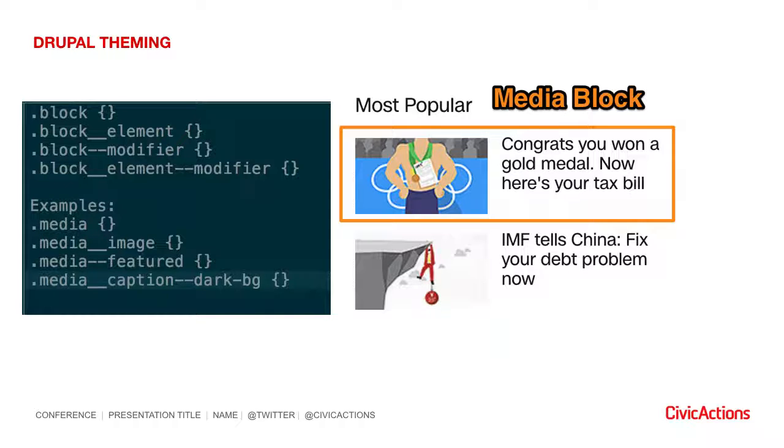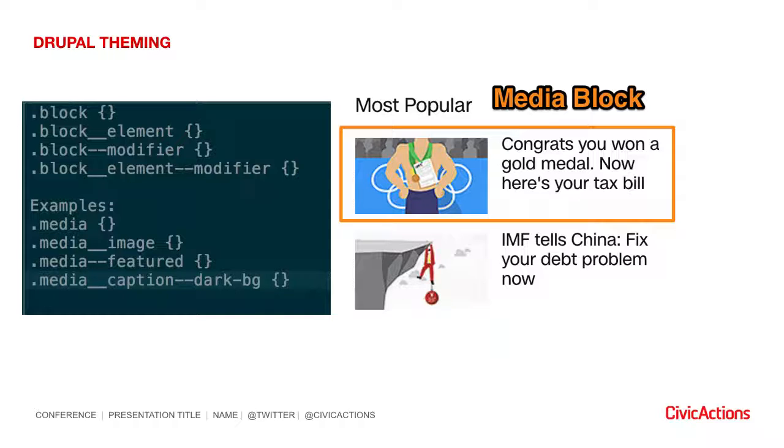For example, I have a media block on the side there, and there's an image in it, and there's a caption. So the image would be media image, and that will be the element within the block. So the image is an element. And that image could have a modifier, maybe media image large, and that would be a different type of image, and we would notate that with double hyphens.